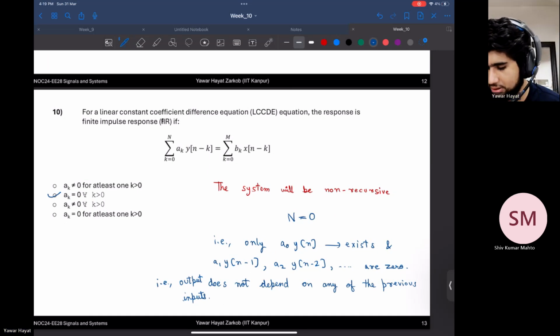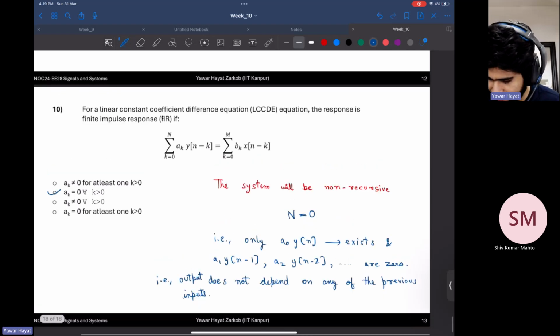And hence the system will have a finite impulse response. So that finishes question 10.